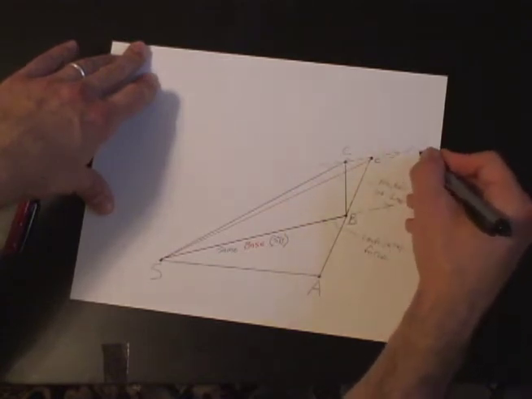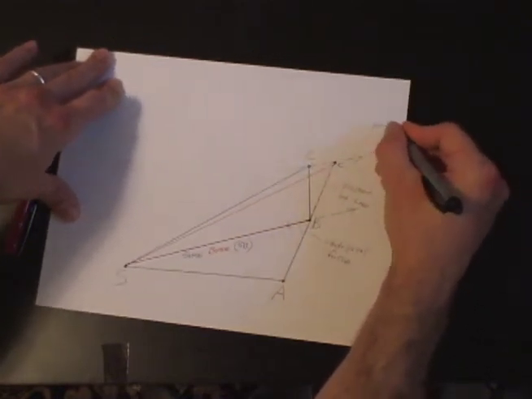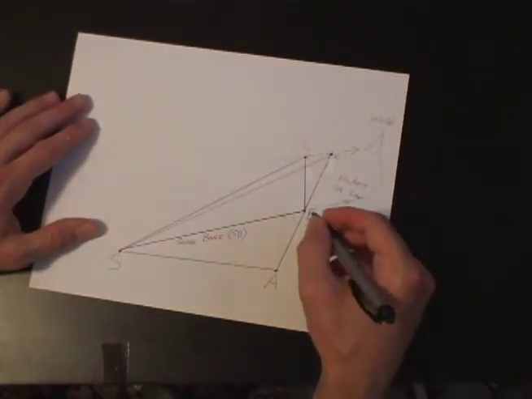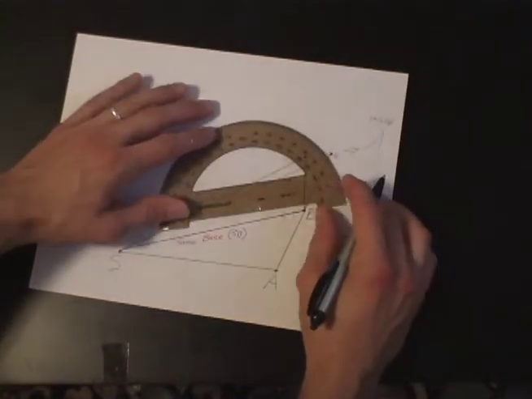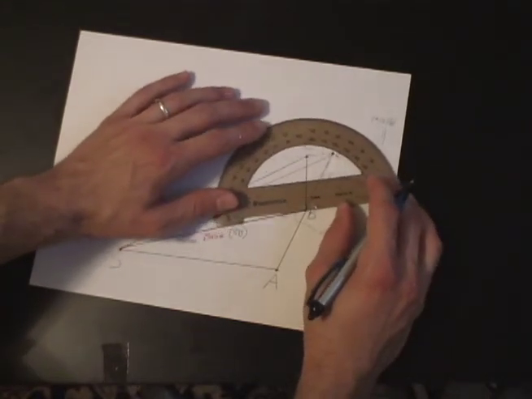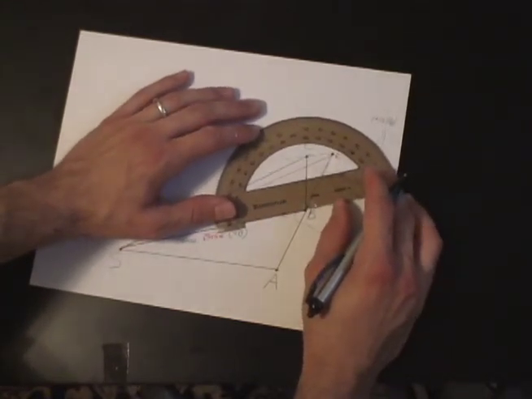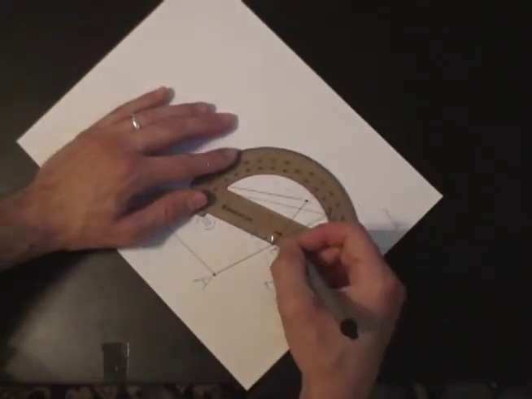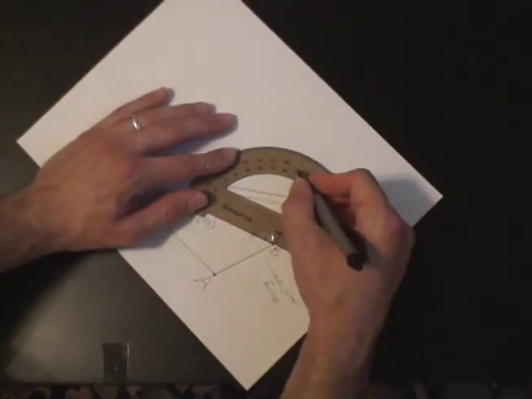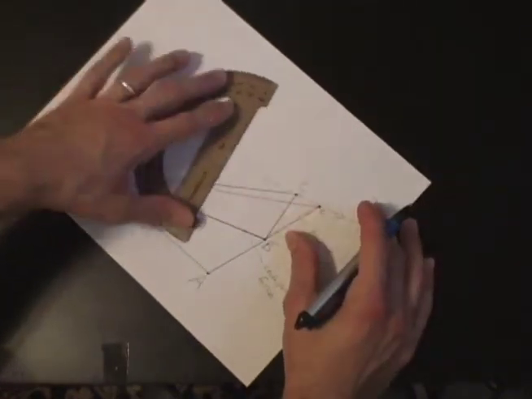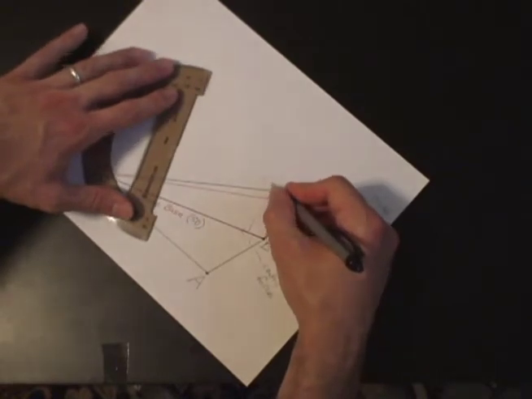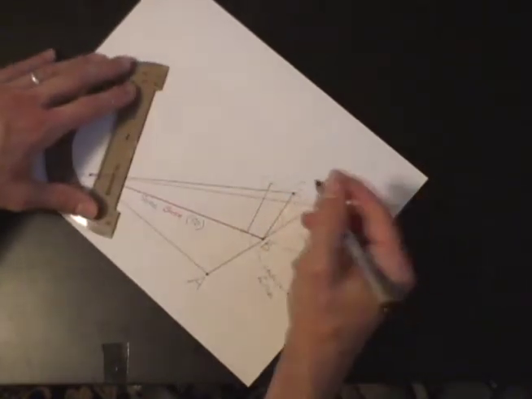Since those are parallel, we can define the heights by just doing 90 degrees to the base for both of those triangles. So for the first triangle, we're going to draw the 90-degree point up there, and then when we trace the height, it's going to be from there, the auxiliary line, all the way down to the base.